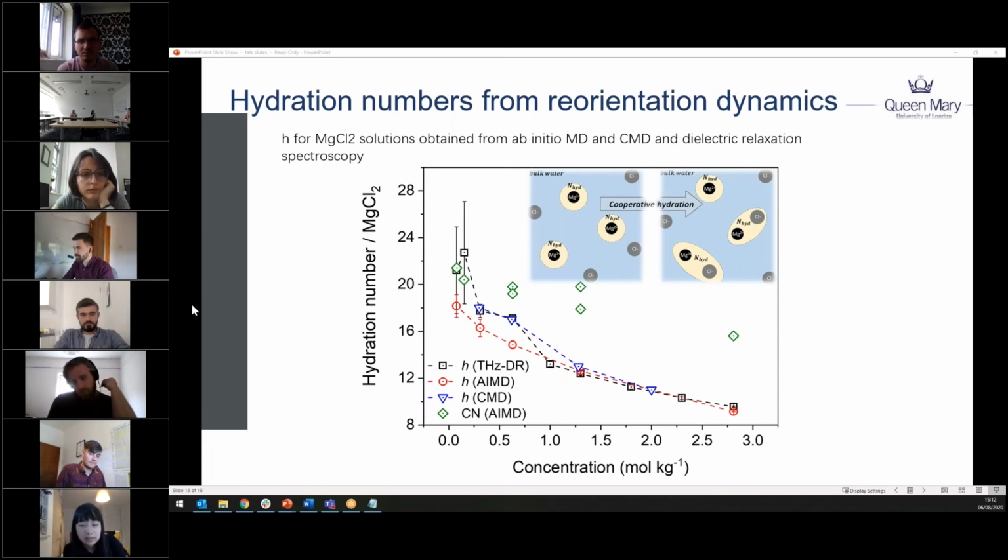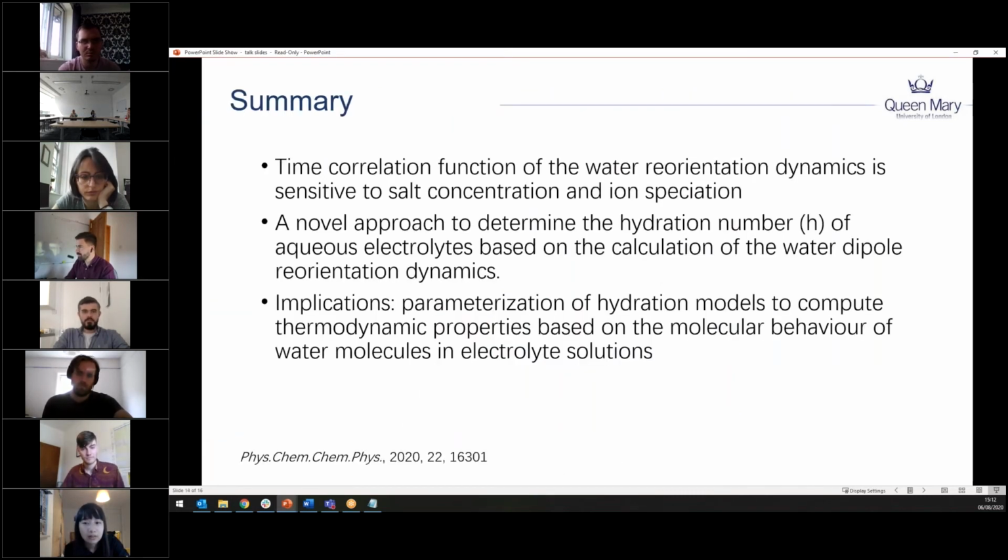Can we go to the next slide? This is the summary. The dynamics of the hydration network in solutions was characterized in terms of the water dipole reorientation. The time correlation functions are sensitive to solution speciation and provide insight into the combined effect of cations and anions on the water reorientation dynamics.